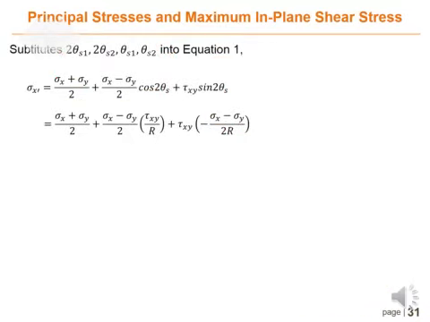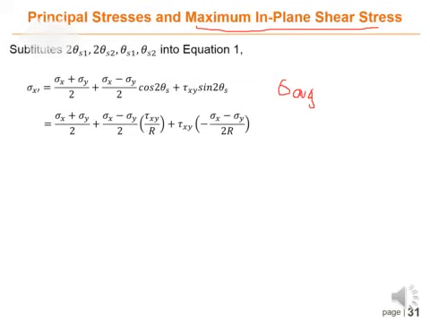Okay, as I said, when you get the maximum in-plane shear stress, you also need to find the sigma average, because sigma average also occurs in the plane where the maximum in-plane shear stress occurs.